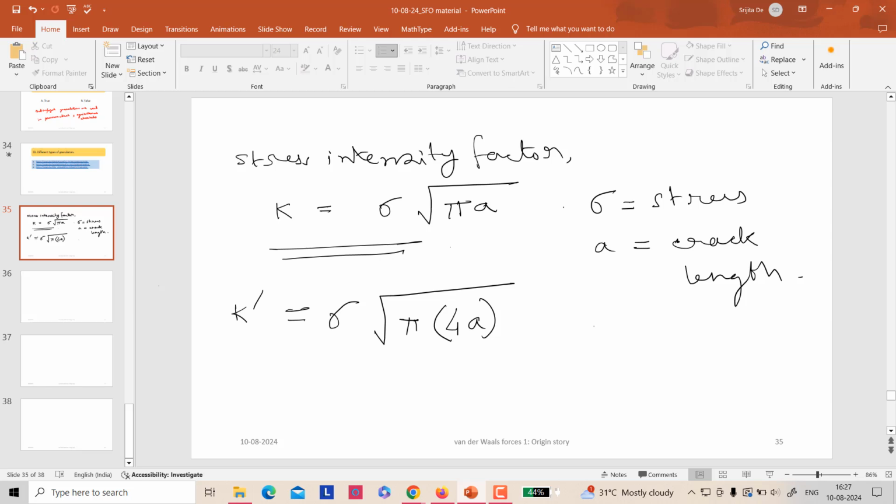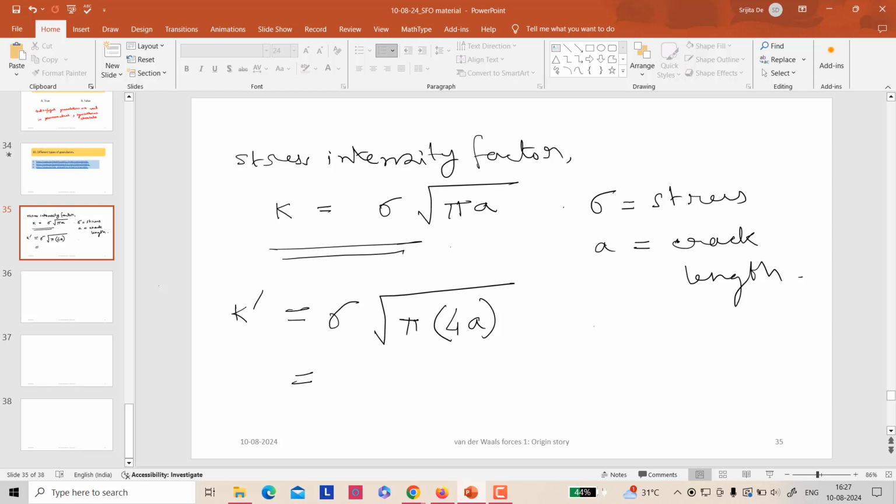Are you getting? Yes, ma'am. So here it is said that the crack length is getting increased by 4 times. So we are writing it as 4a. Now you will simplify. What will happen?